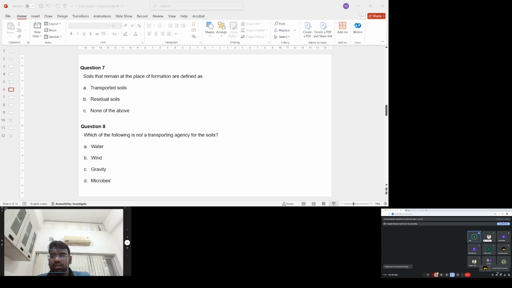Among the four, the least dominant agent is microbes. Microbes mostly play an important role in the formation of residual soils. The decomposition of organic matter and calcite precipitation are some of the activities which result in residual soil to a large extent.